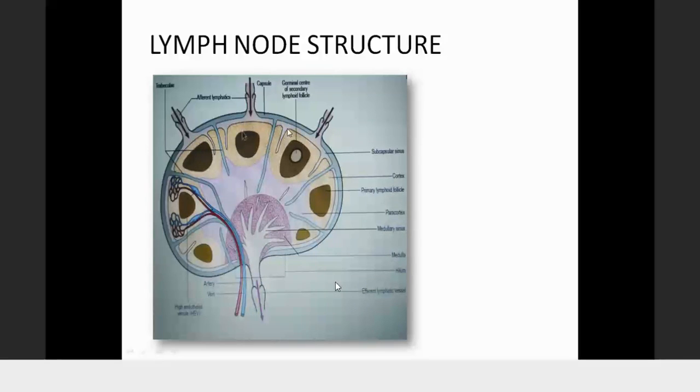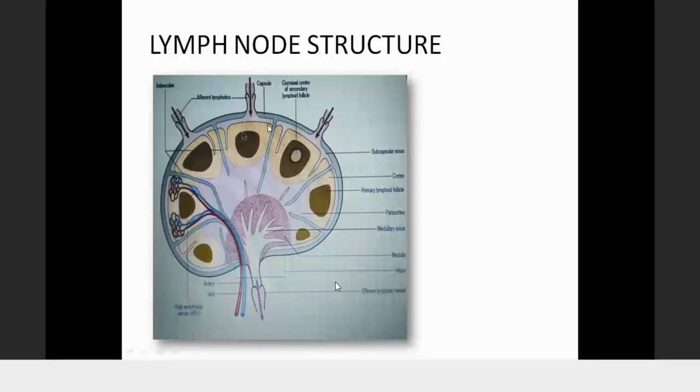Then, if you see, these lymph nodes are divided into outer cortex and inner central medulla. Here, you will see some lymphoid follicles, okay, having a germinal center. This is the efferent lymphatic vessel, and these are the arteries and veins supplying the lymph node.